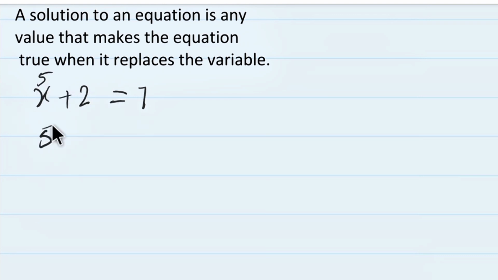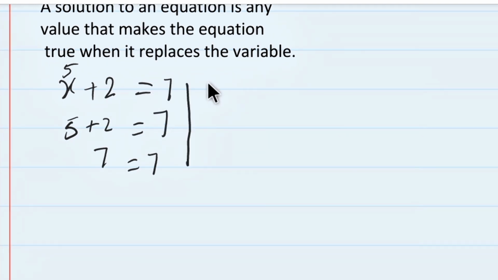That is, 5 plus 2 is equal to 7, and 7 is equal to 7. So when we replaced x by 5, it made our equation true. So we will say 5 is a solution of the equation x plus 2 is equal to 7.